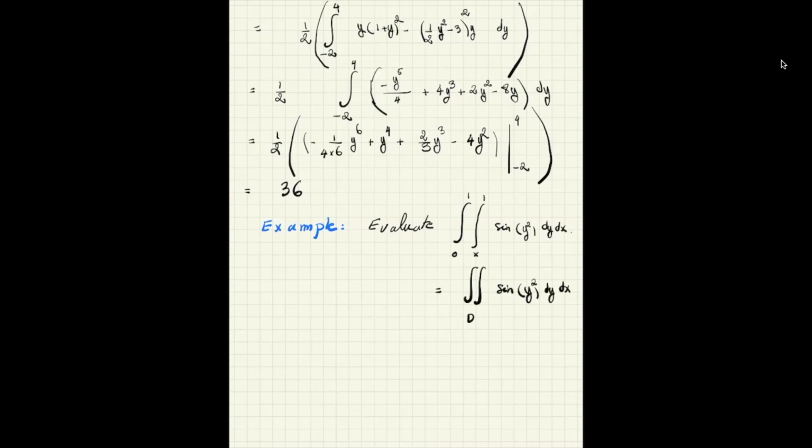Okay. This takes a little bit of practice to get used to what it means when you see these integrals.